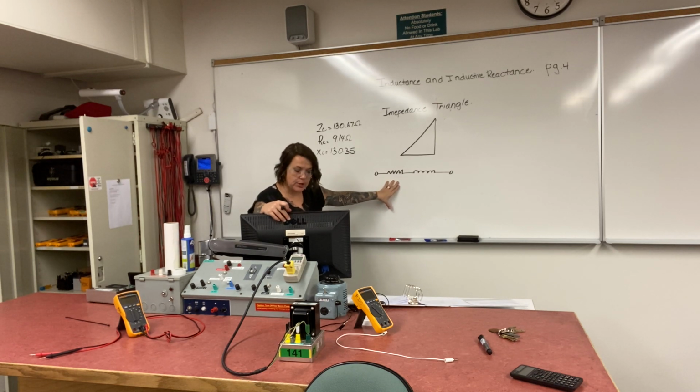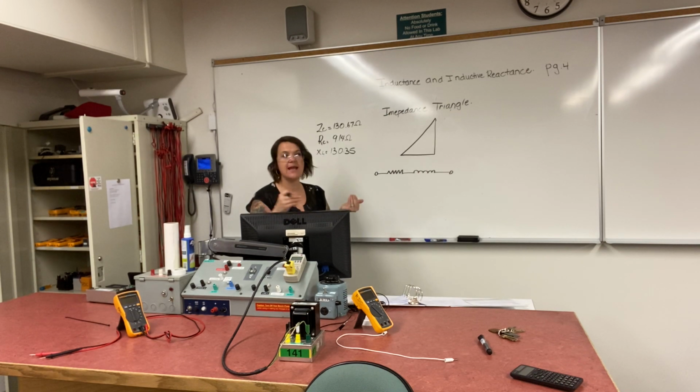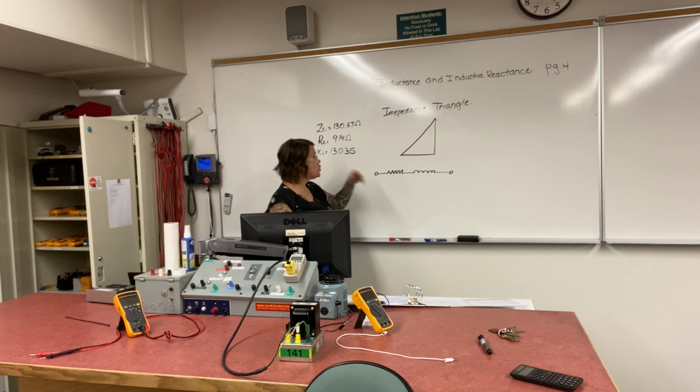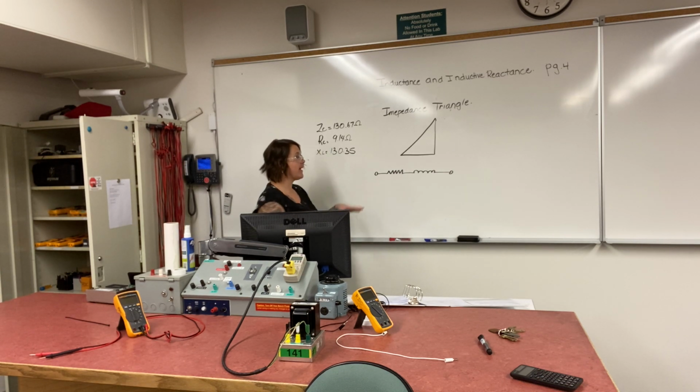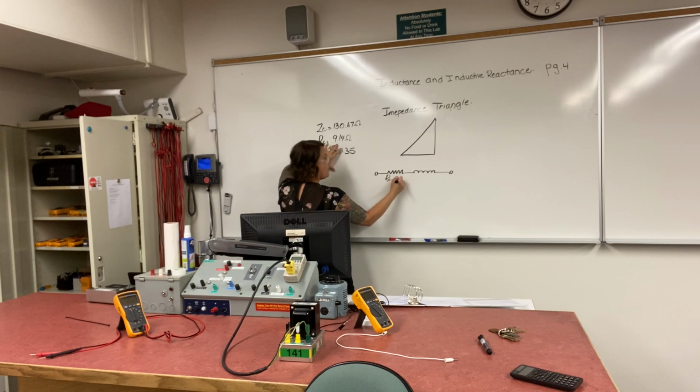When we talk about pure inductors, that is theoretical. It is not realistic to have a completely pure inductor because it's constructed of copper, and copper has an element of resistance. So I'm drawing my symbol to represent that. So my coil has a part of resistance, and that is known as RC. So resistance of the coil, and that is 9.14 ohms, okay?